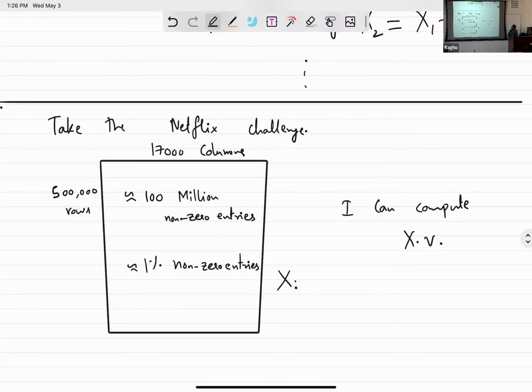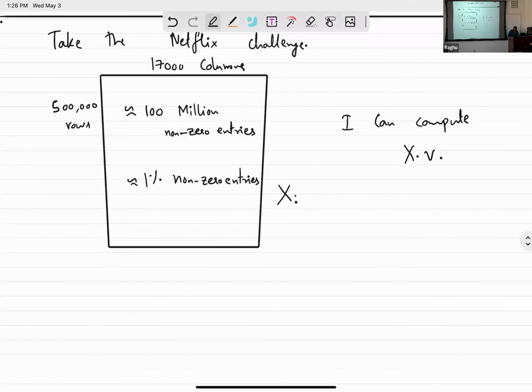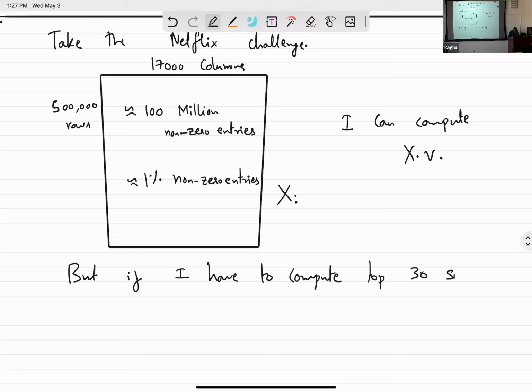Okay, so I can compute X times V reasonably okay, even though if I view it as a full matrix, I can't even store it in memory. So I can use this matrix-vector multiplication to compute the first singular vector. But if I have to compute the top 30 singular vectors, I said if you ran this SVD with the top 30, it gave you a 4% improvement, and it plateaus after that.